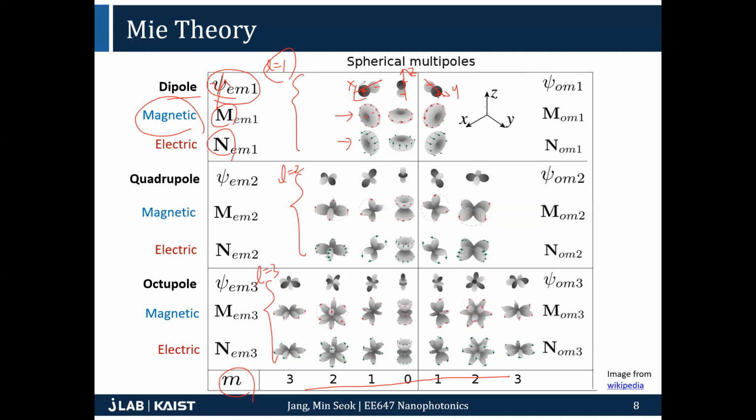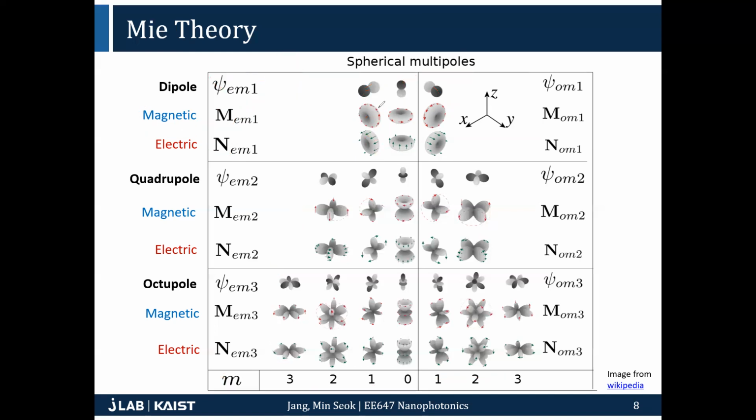tells you how the scattered wave distribution, like an energy distribution, looks like. You can see when you have a dipole like this, you have the energy going in this donut shape. And here this red curve shows you the direction of the electric field. So if you look at this, you have a rotating electric field, which gives you a magnetic field along this direction, and then oscillating back and forth.